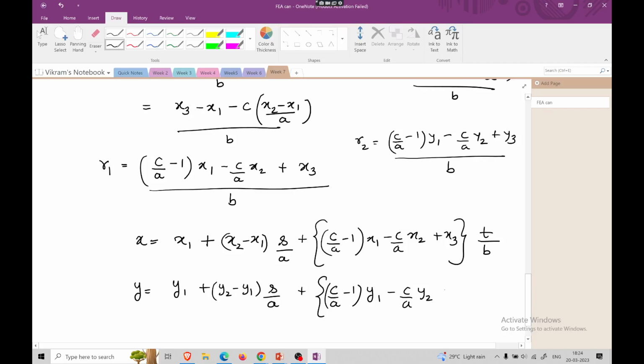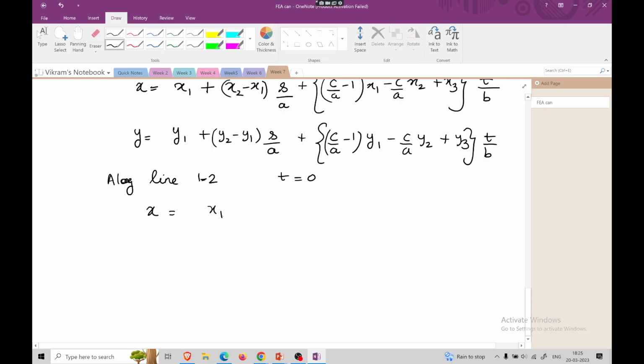So what will be the x value? X will be simply x1 plus x2 minus x1 into s by a, because if I substitute t equal to 0, this entire term is going to vanish. This will simply vanish in both the cases.